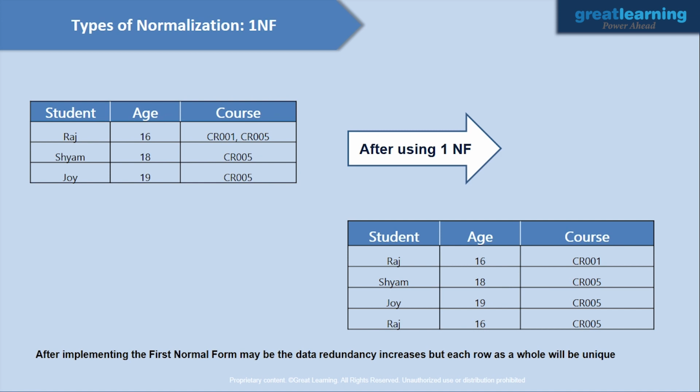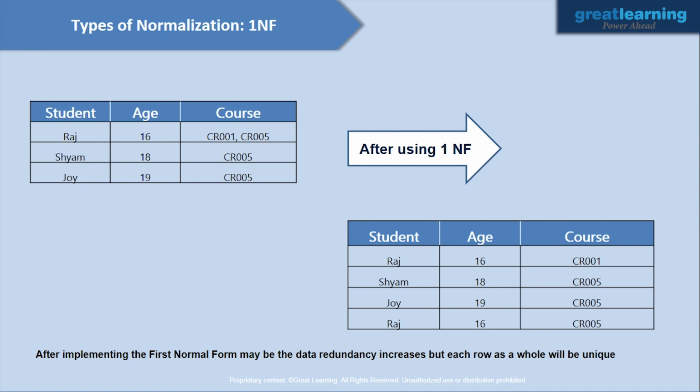But whenever we go for using our first normal form, that time we are not allowed to have more than one value in one column. So in that case, you need to make two rows for Raj. The first row will contain the first course he has enrolled for, and the second row will contain the second course he had enrolled for.